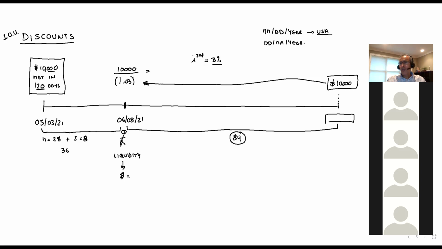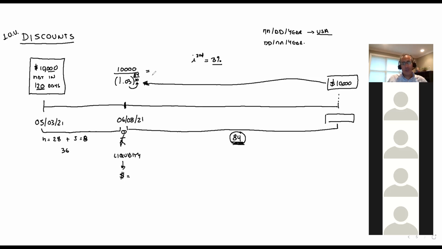Is it 30? 30, but remember, we need it for 84 days. Okay, so remember, this should go as a ratio again. 30 should go down, and what I need to go up is 84. You agree? Because I need the rate for 84 days, knowing that this one corresponds to 30 days.